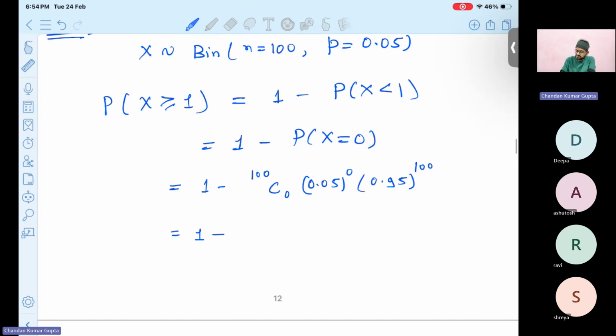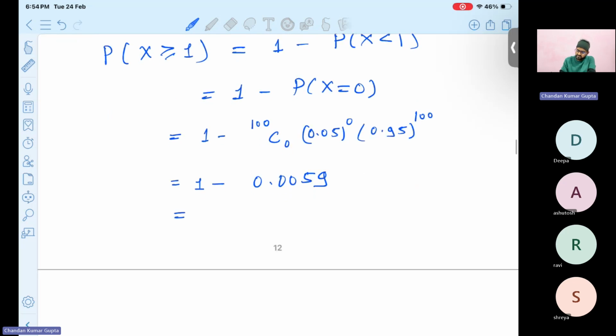So this is 1 minus 100 C 0, which is 1, times 0.05 to the power 0, which is 1, times 0.95 to the power 100, which comes out to be 0.0059 to 4 decimal places.